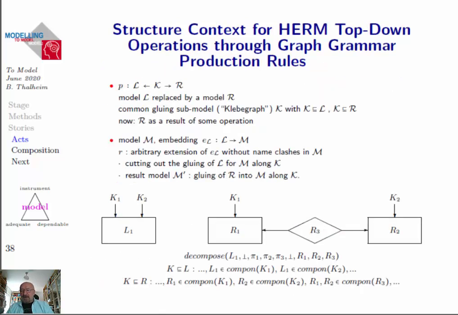In the case of local top-down methods, we are using nothing else than a classical graph grammar. We have in the graph grammar some kind of components that can be decomposed, and then we have a gluing submodel that glues the parts that we are decomposing with the environment of the given type.